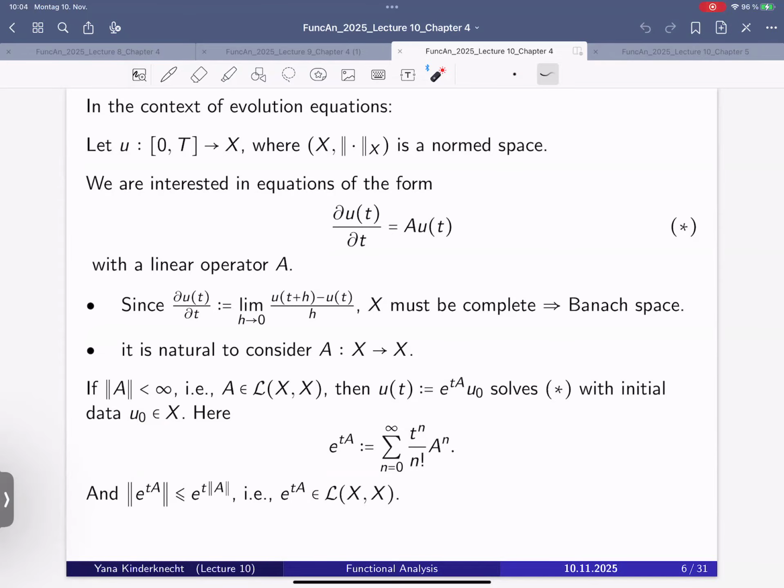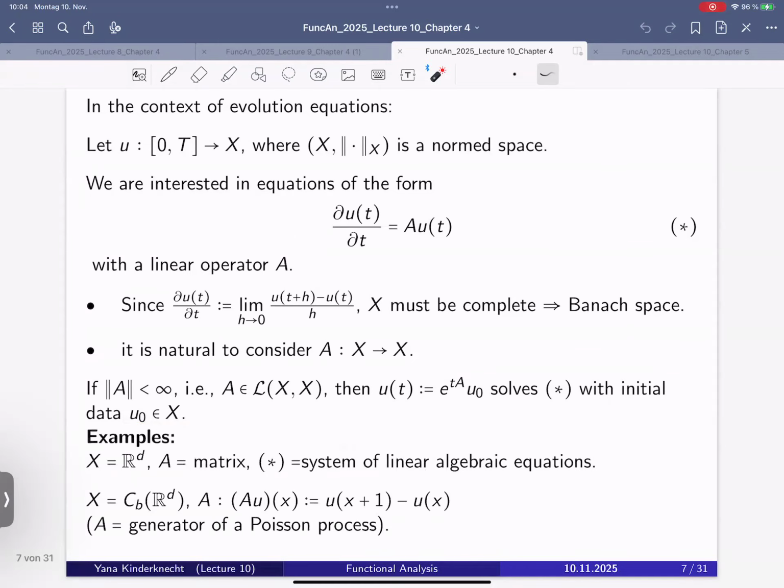And this is not useless, I would say. In particular, if my Banach space is just R^d, then A is just a matrix, and this is just a system of linear algebraic equations with a matrix A. And this is the matrix exponent.